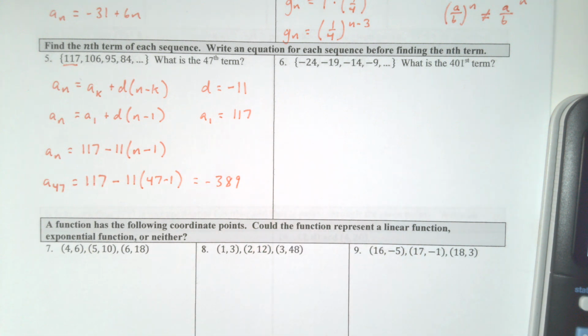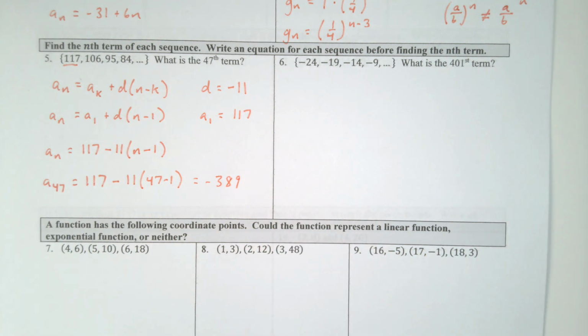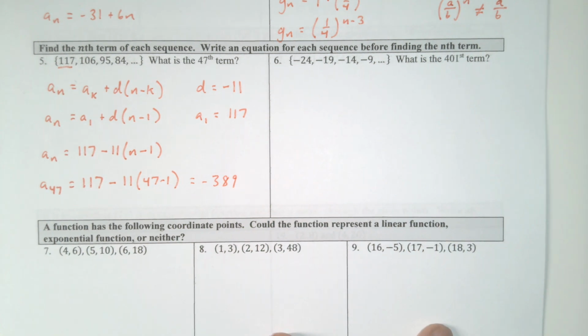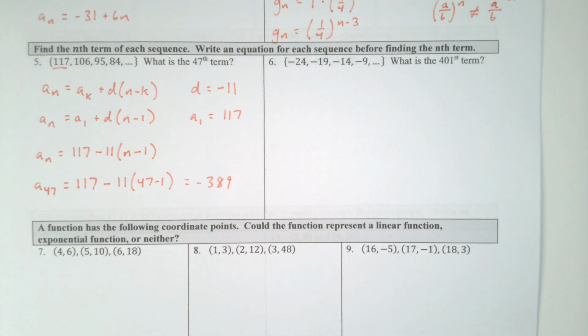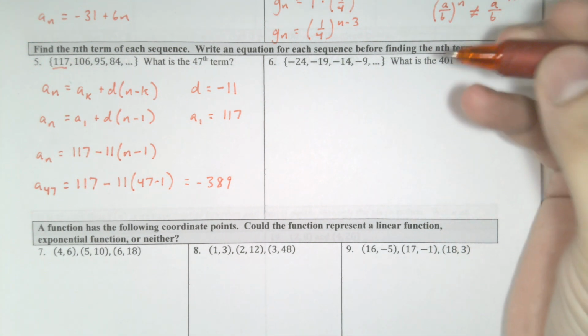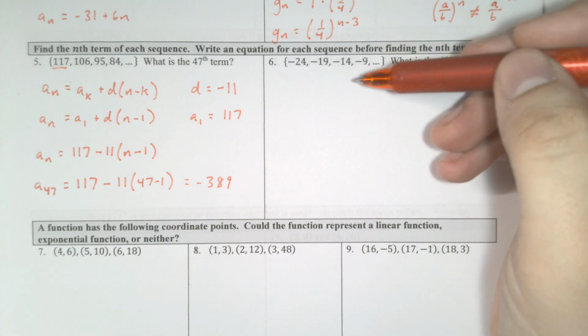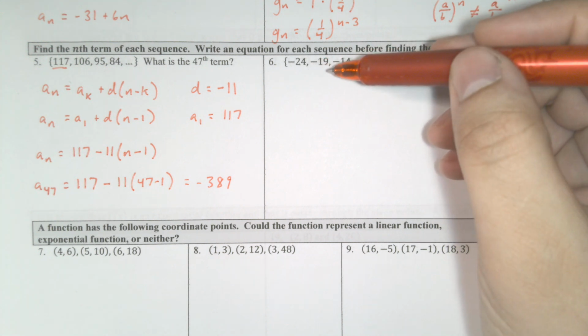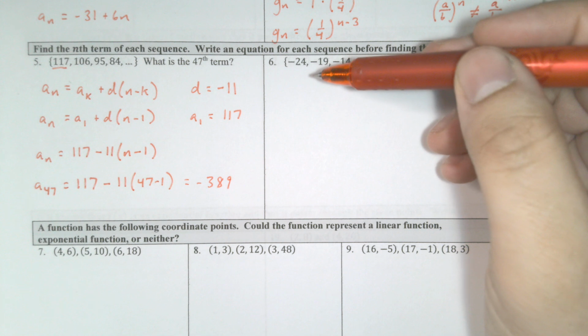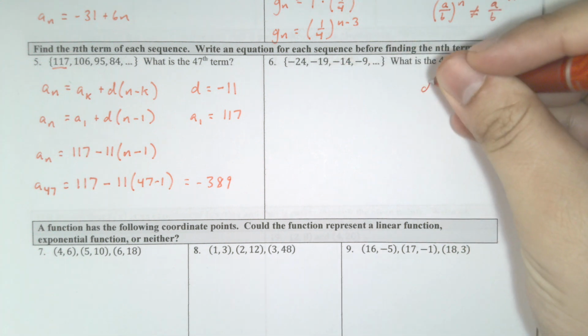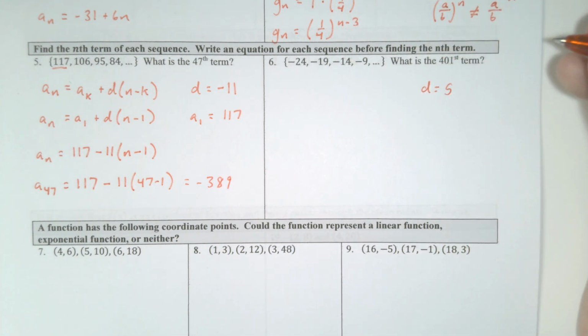All right, so what about number 6? We want to find the 401st term. Okay, so it's going to be a really big number. Let's see. So for each of these terms, we're adding 5 to each one. So since we're adding 5, our common difference is equal to 5.